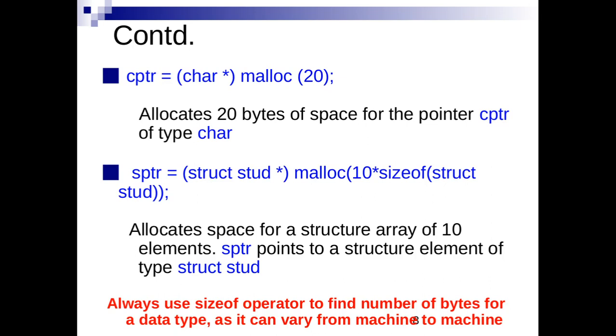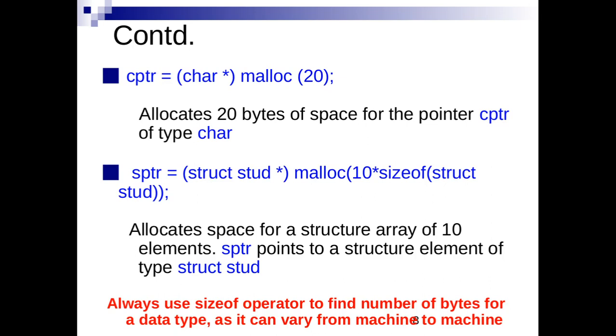The pointer type could point to a user defined type as well. For instance, if you have a structure by the name stud, then you can use malloc to allocate sufficient memory to store 10 variables of that type. 10 times sizeof(struct stud) will give you the actual number of bytes that you need to allocate.